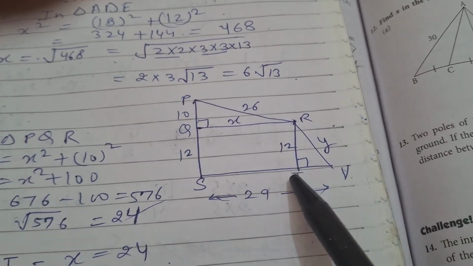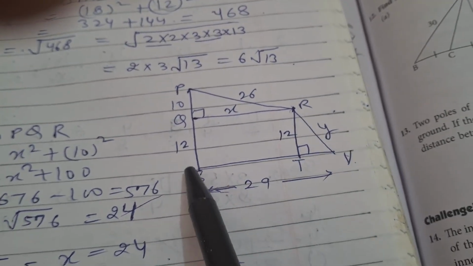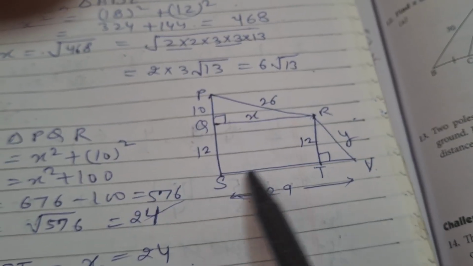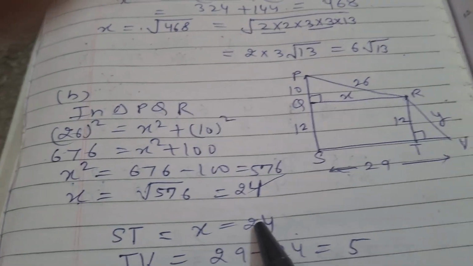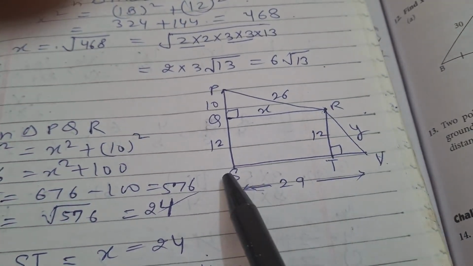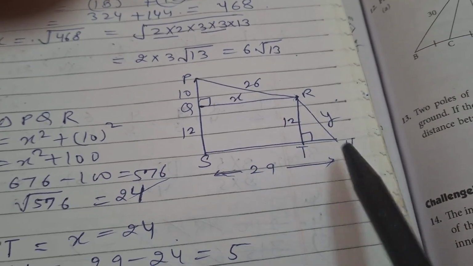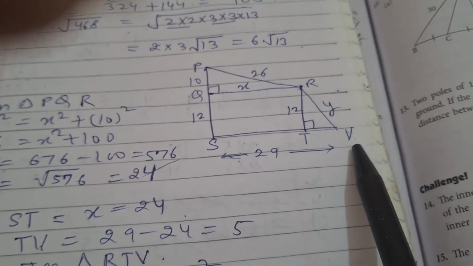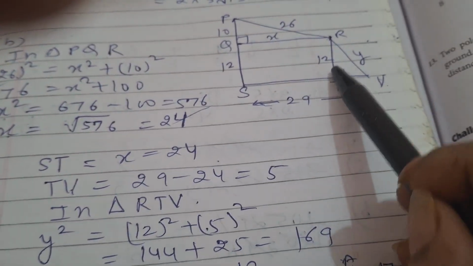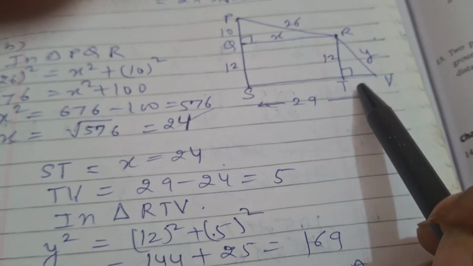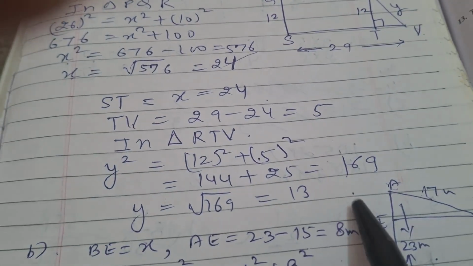Now in the triangle this complete is 29. Sorry, x is 24. This is 24. This is complete 29. So what is TV? 29 minus 24 is 5. Now again in RTV, we know this side, we know this side. So we can calculate easily y.